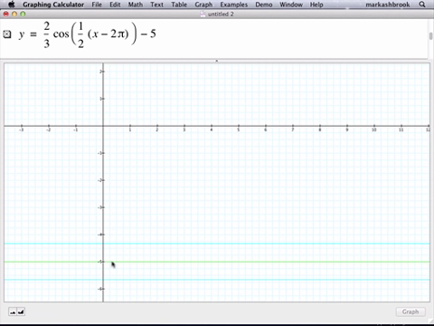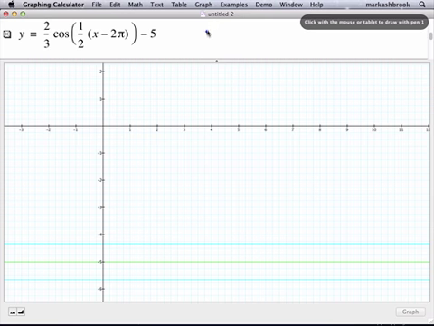Okay, so we've got everything we need about the vertical for now. The next thing we have to start reasoning about is horizontal. What will we need first? Period, right?